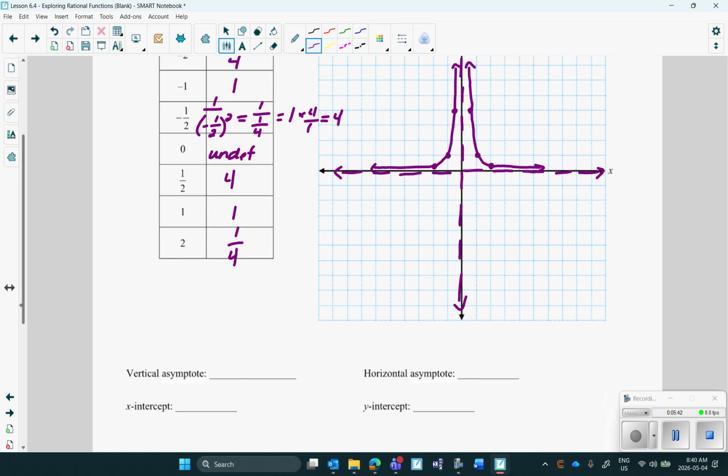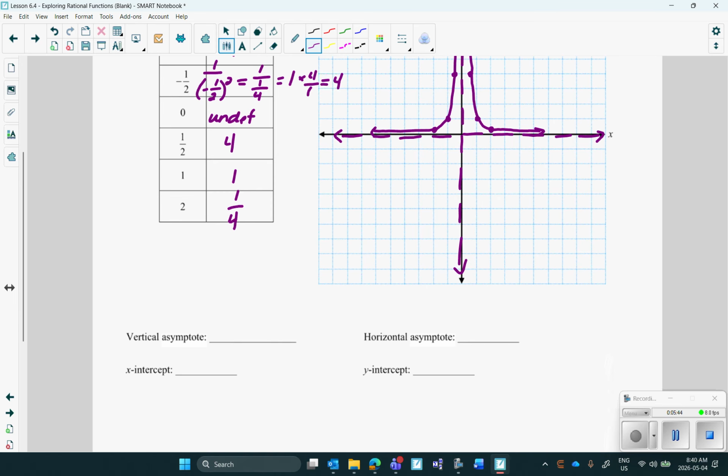Looking at some of the properties, well, the vertical asymptote, that's the line x equals 0. The horizontal asymptote, that's the line y equals 0. For all three of these graphs that I'm going to do, this horizontal asymptote is not going to change.